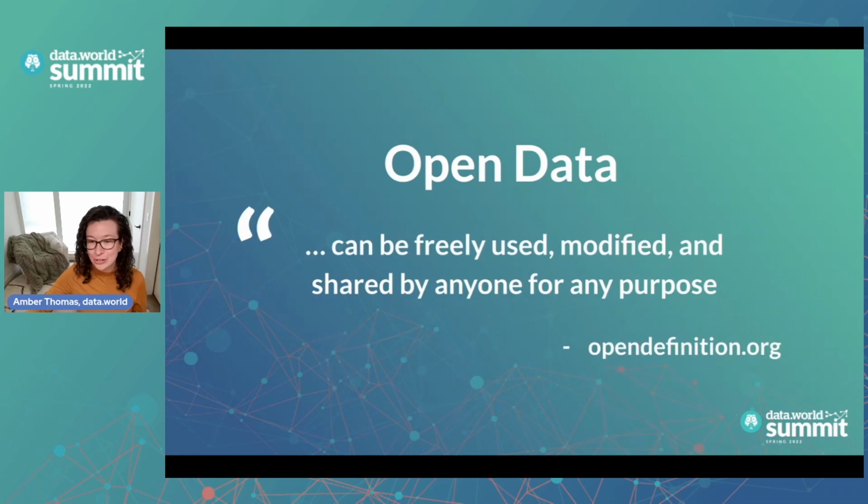The one I'm referring to is sort of a high level definition, just that data that is open can be freely used, modified, and shared by anyone for any purpose. There's a few caveats here that sometimes you have to provide attribution or include information about where the data came from, but for the most part, free, open, can be modified, can be shared. Should sound pretty familiar to what I was talking about with websites on the web.